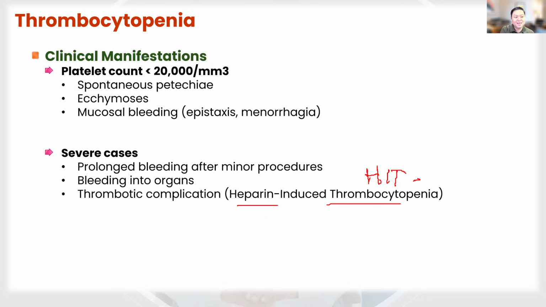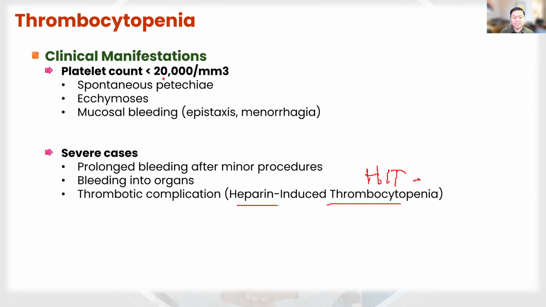But again, the patient will manifest the following. If they're as low as 20,000 per cubic millimeter, then they're gonna manifest those petechiae, ecchymosis or bruising. There's gonna be menorrhagia or epistaxis, and then prolonged bleeding, even with minor procedures or even a paper cut.